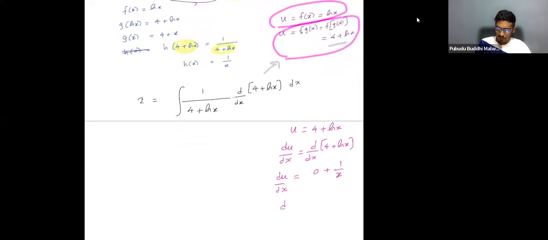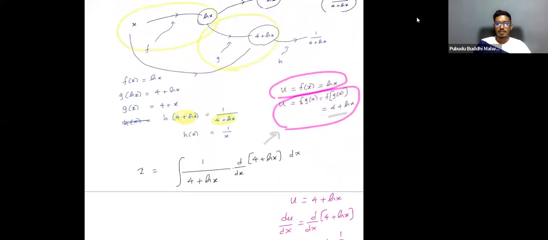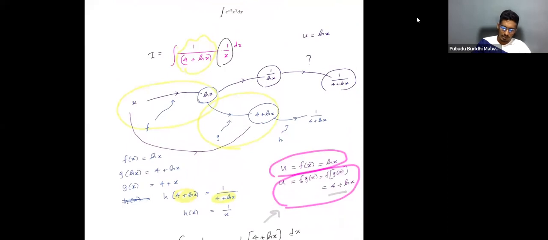So basically, du equals 1 over x dx. Hence, this part, actually this entire part, we can replace by du, and this is 1 over u.